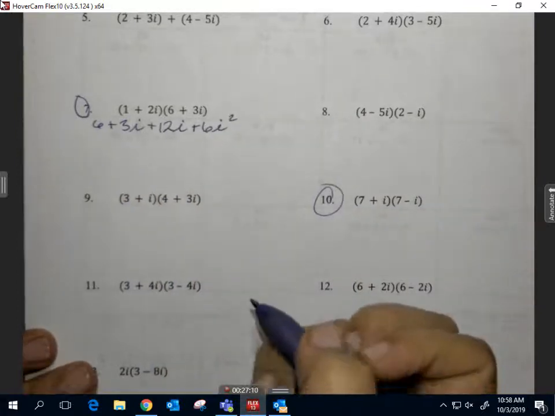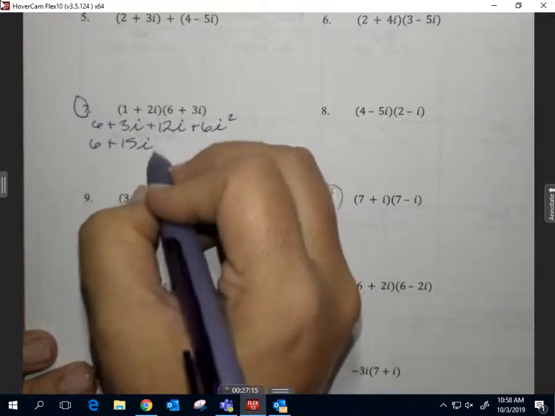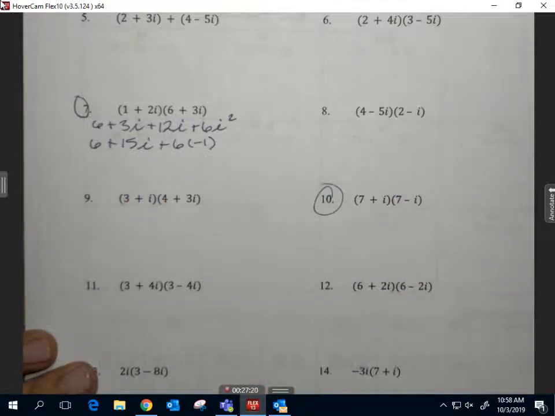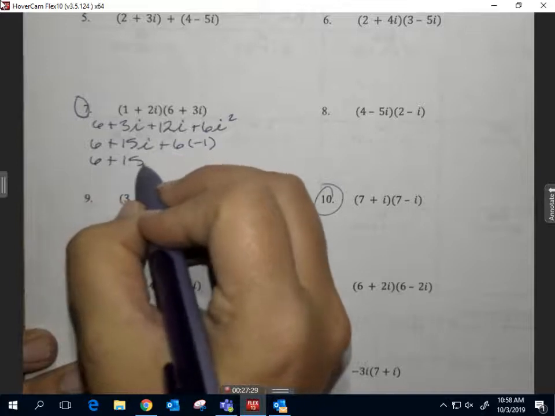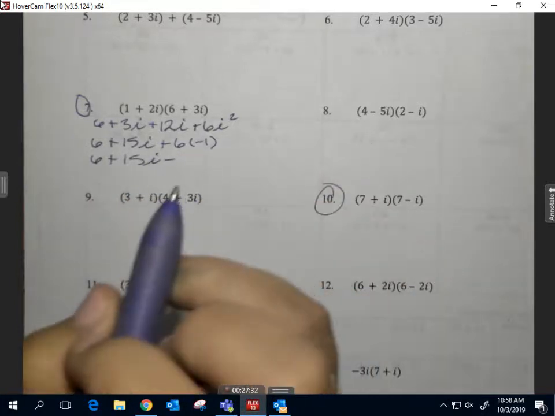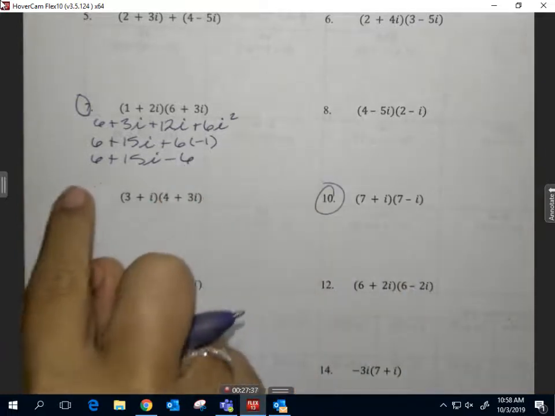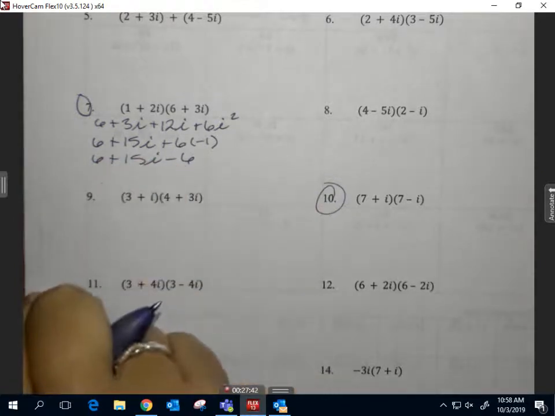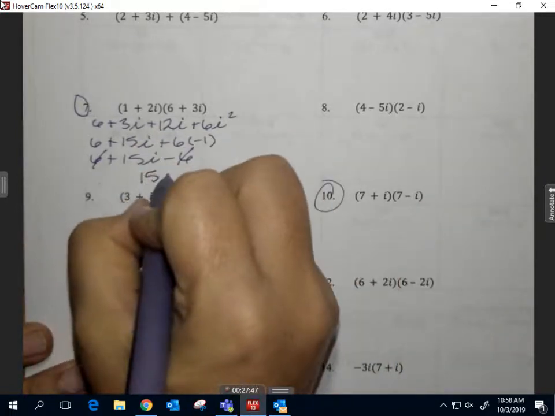Very good. Let's combine our like terms and replace that i squared with a negative 1. And then we have 6 plus 15i minus 6 now. Yes, we're going to combine our like terms. What is 6 minus 6? 0. They cancel out, don't they? Yeah. So your answer is just 15i.